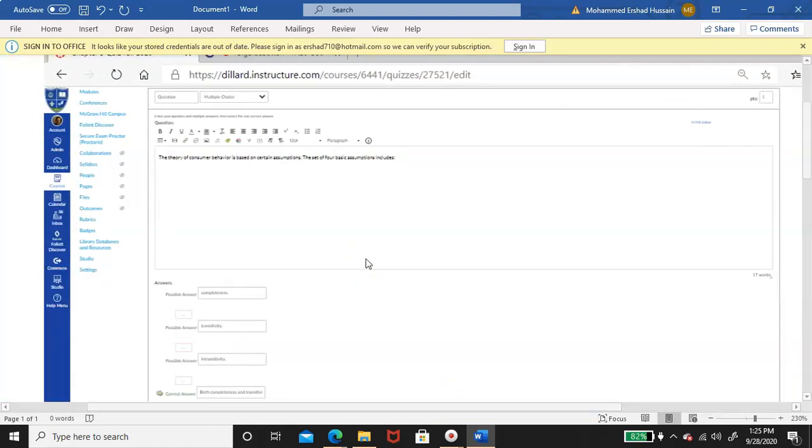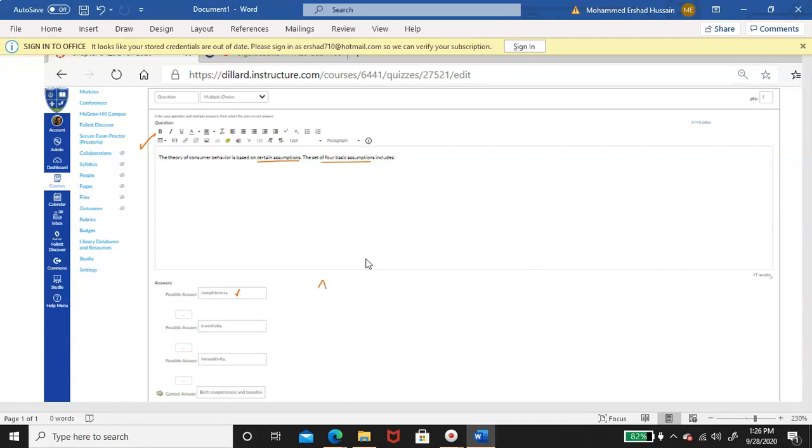They are saying that the theory of consumer behavior is based on certain assumptions. The set of 4 basic assumptions include which? Here they give us some options. One is completeness. That is true, right?